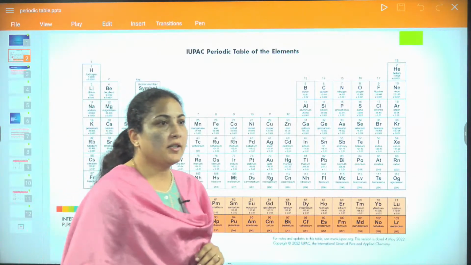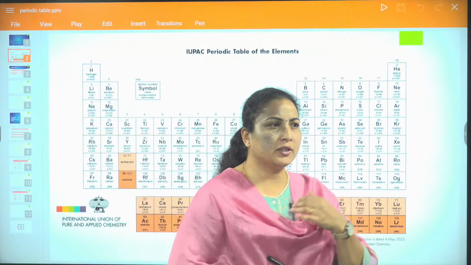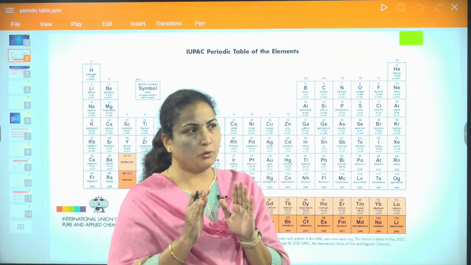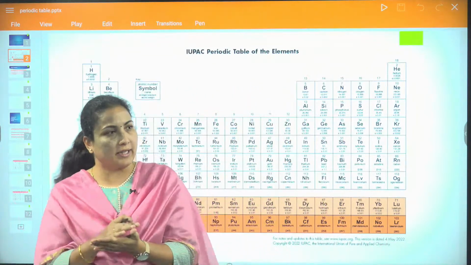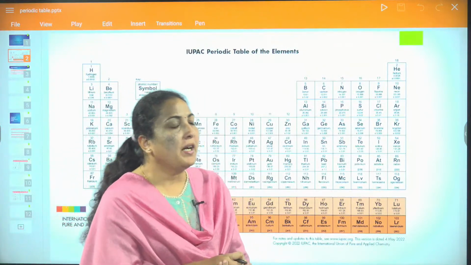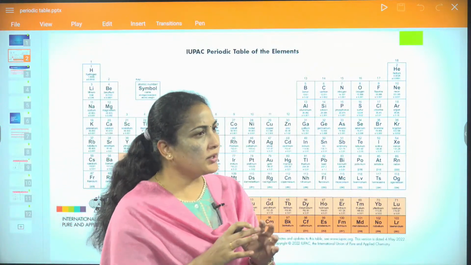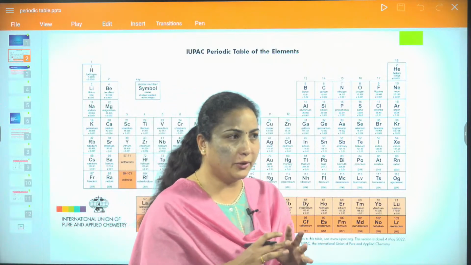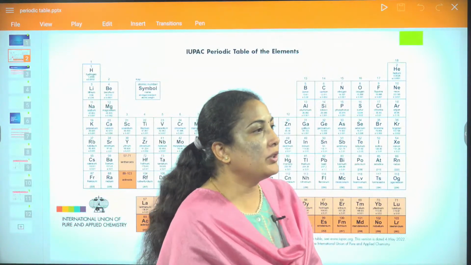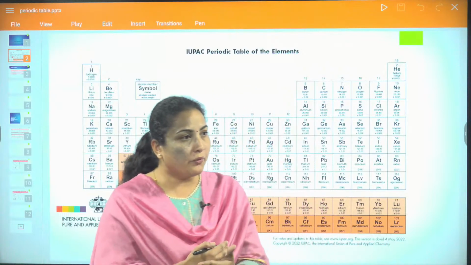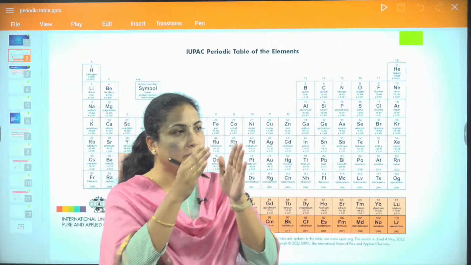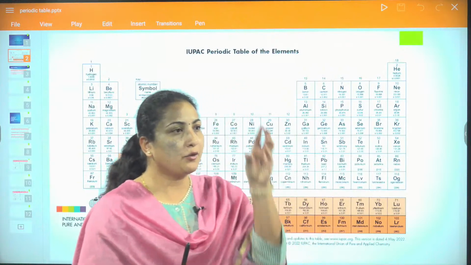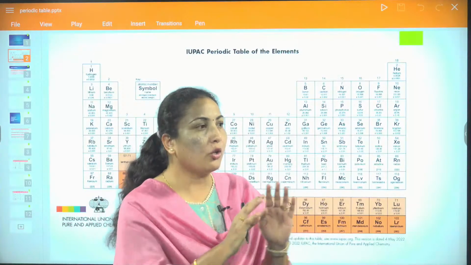Now in today's class, there are only a few things which we are going to focus on. Those things may seem small, but they are definitely going to clear your concepts more. I wanted to know whether you know how to remember the D block vertically or not, because for S block and P block we already know those things.